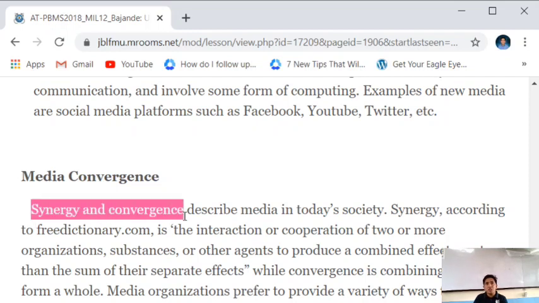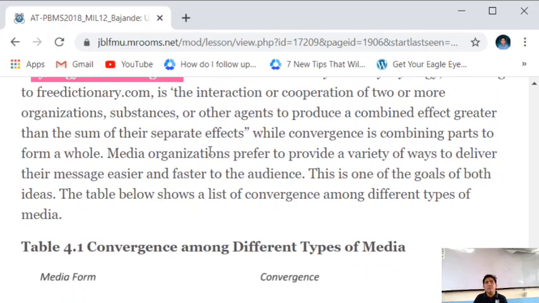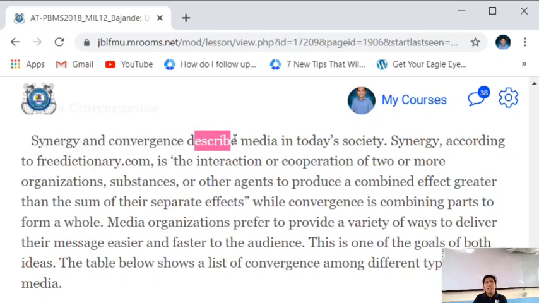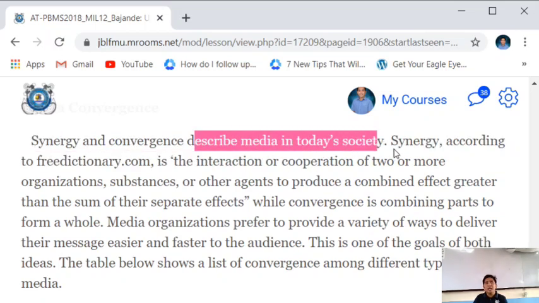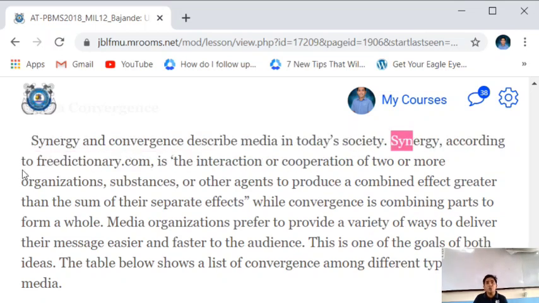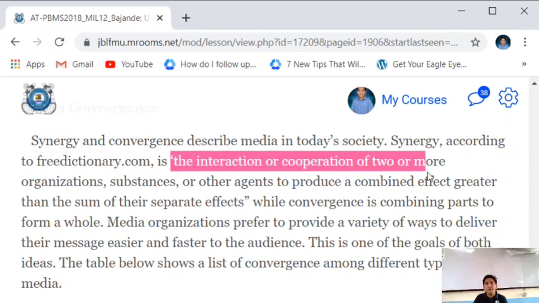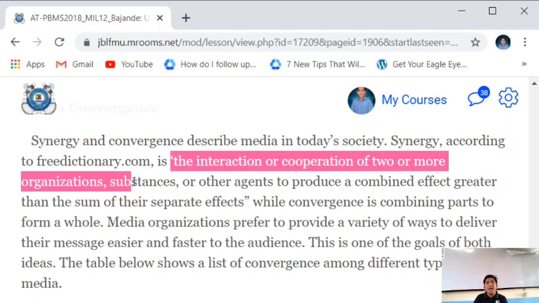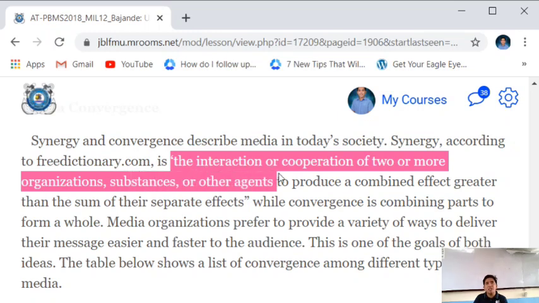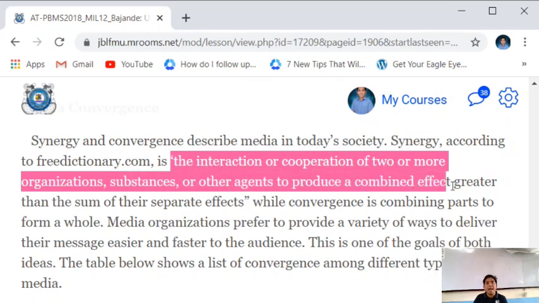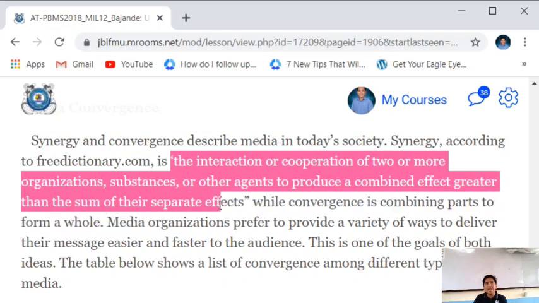Synergy and convergence describe media in today's society. Synergy, according to the Free Dictionary, is the interaction or cooperation of two or more organizations, substances, or other agents to produce a combined effect greater than the sum of their separate effects.